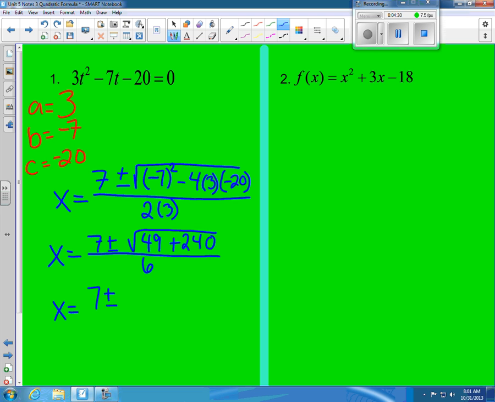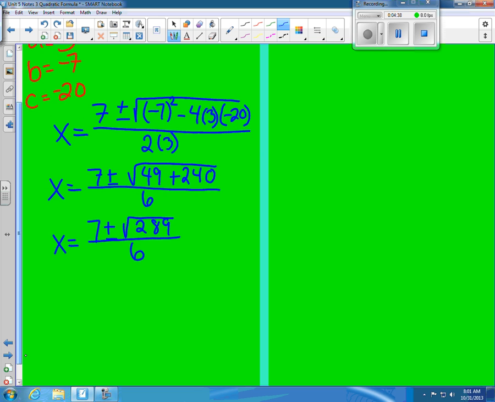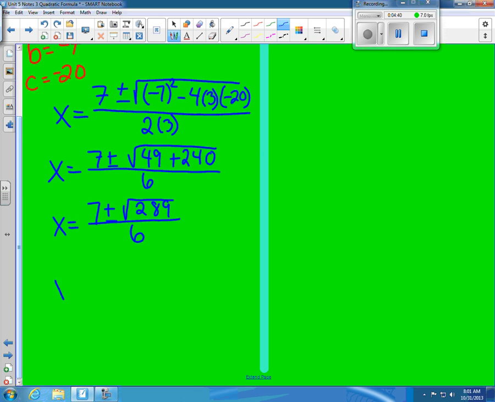So we have 7 plus or minus the square root of 289, and it's all divided by 6. So the square root of 289, if you know your math facts, is 17. So we're going to have 7 plus or minus 17 over 6. Now at this point, I like to split my problem up into 2 problems because that's what the plus and the minus signs say.